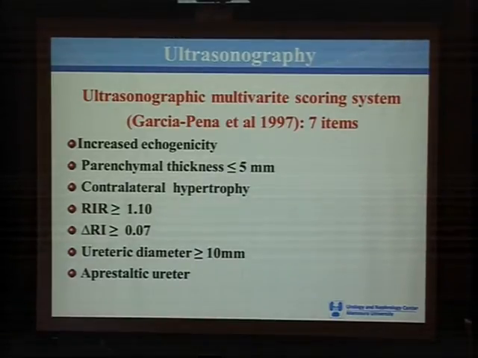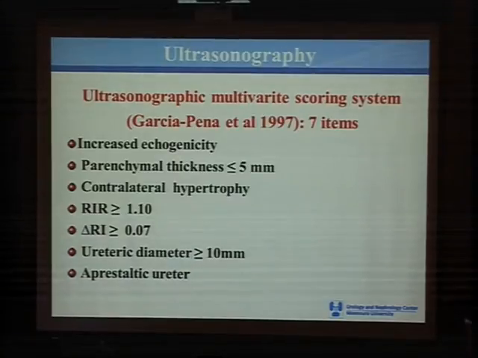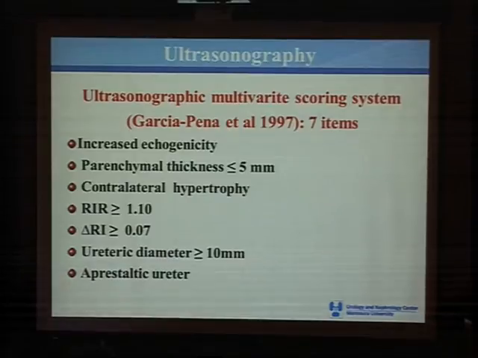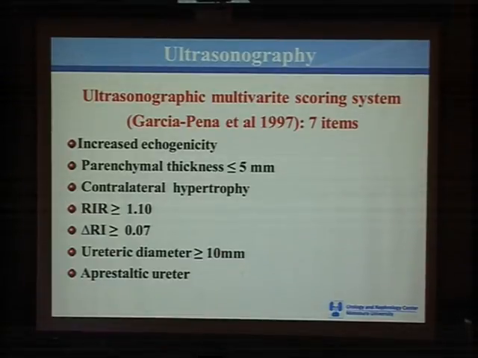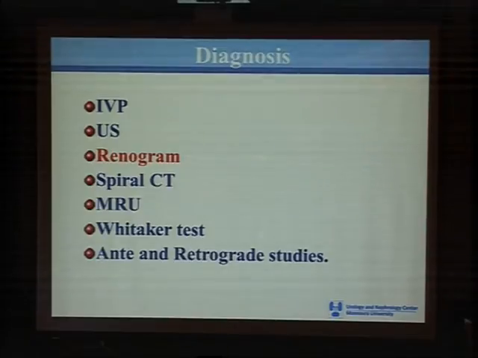So these 7 factors we call a scoring system for diagnosis of obstructive uropathy. They make a combination of several factors to diagnose obstructive uropathy for optimization of the use of ultrasound in the diagnosis of obstructive uropathy. Then what about the renogram?